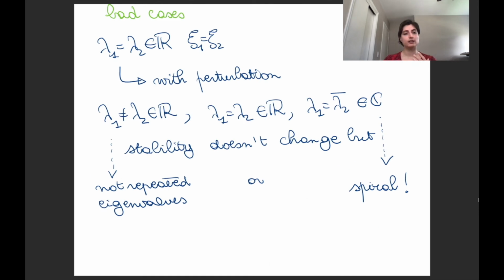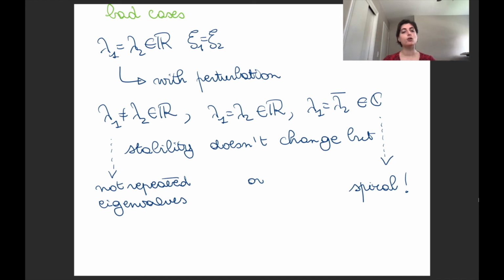So let's look a little bit longer at the bad cases. In a case in which we have lambda 1 equal to lambda 2, real, and repeated eigenvalues, a little perturbation can bring us to three different cases. We can still have that lambda 1 is equal to lambda 2, or we can have them being different and real, or we can have them complex.